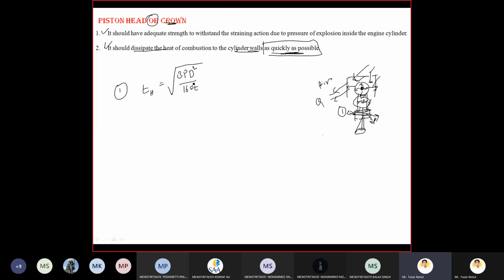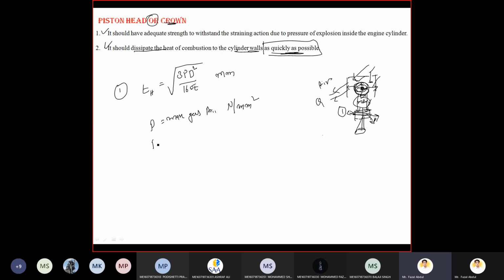At any cost, you have to remember it, Babu. Thickness is measured in mm. Now what is P here? P is the maximum gas pressure, meaning the burnt gases pressure. It is measured in Newton per mm square.